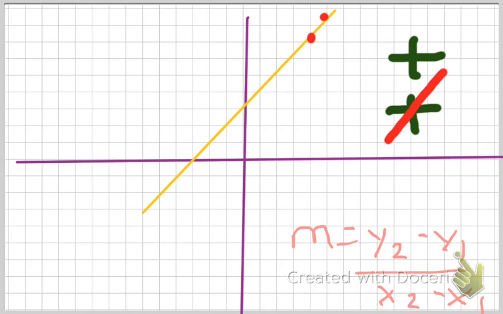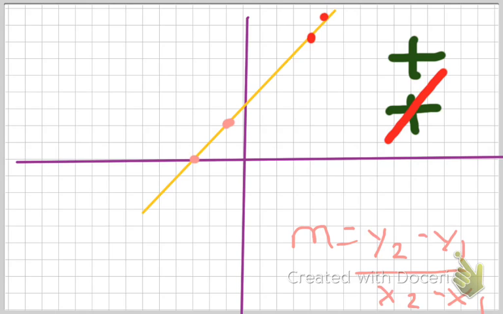The spots that are good, I'm going to put those in pink. And we only need 2. Once you find 2, you're good to go. A good spot would be right here, that one in pink, and a good spot would be right here, that one in pink. Now that you have them, you go and read your ordered pairs.